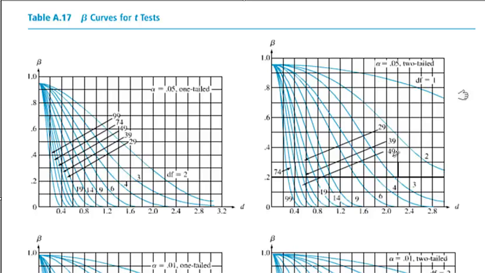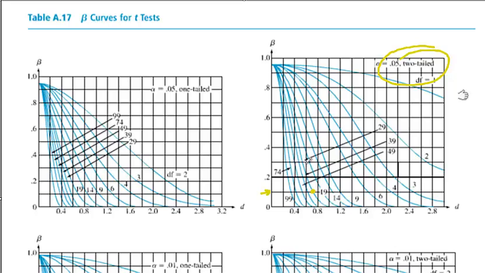The alpha that they initially told me was the 0.05 two-tailed, so this is the one that I'm going to be looking at. My difference on here is 0.67. So it's basically with my beta equal to 0.1, my difference being the point, here's 0.6, here's 0.67. So it'll be right around in here somewhere, hitting this blue line.